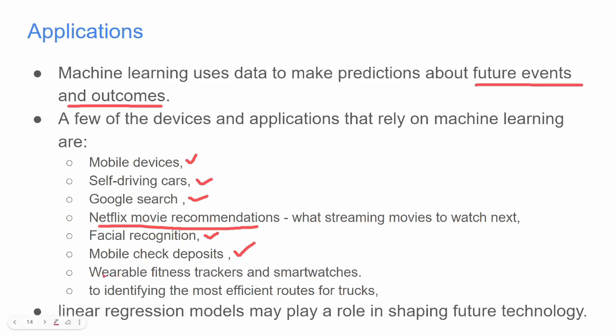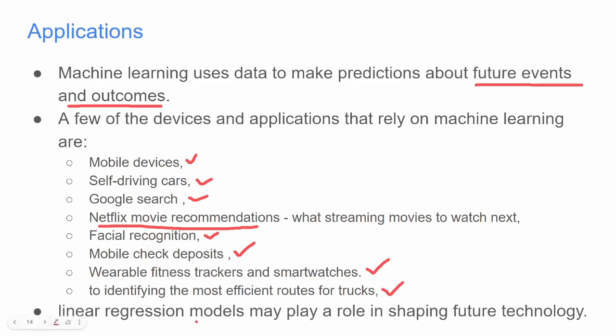Then, most importantly, wearable fitness trackers and smartwatches use machine learning algorithms and collect data on our body temperature, pulse rate, etc. They also measure steps walked and calories burned. Then to identify the most efficient routes for trucks and cars, Google Maps uses machine learning algorithms. These are examples of applications of machine learning algorithms.